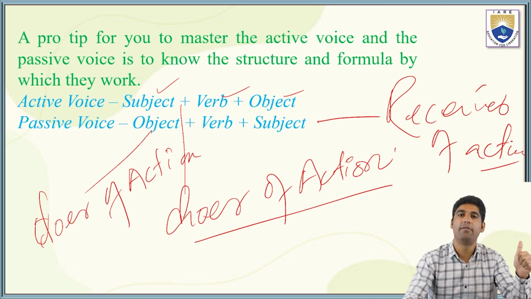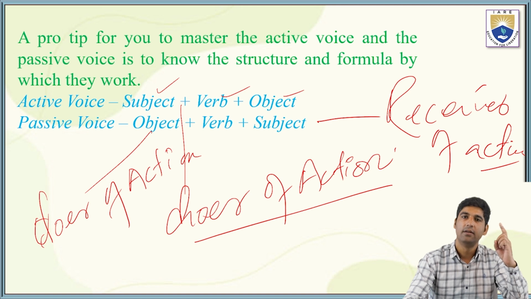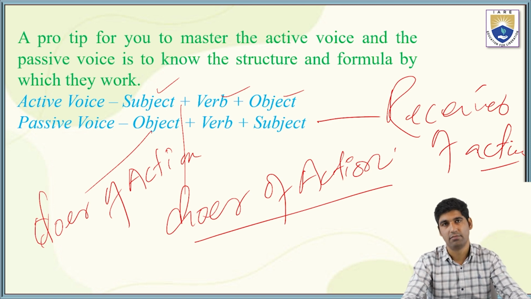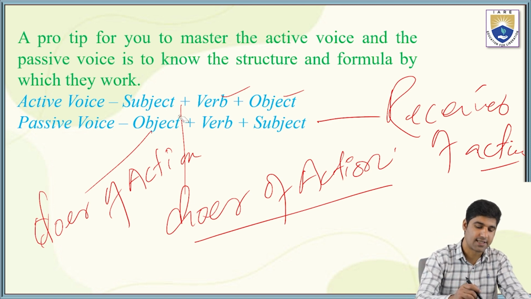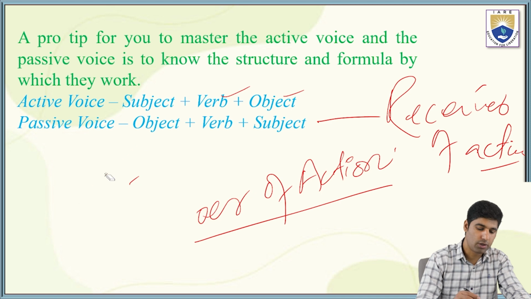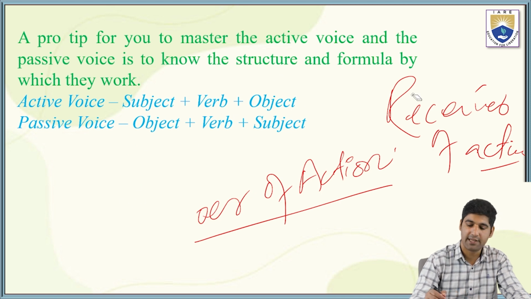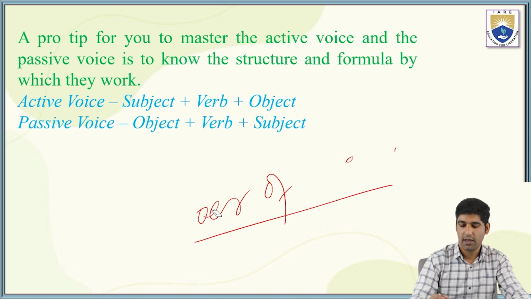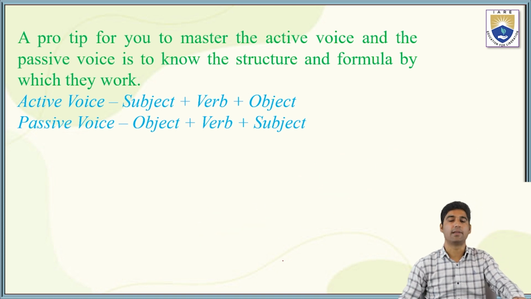And subject always is the doer of action. For passive voice, it's object, then verb, then subject. And your subject here becomes the receiver of action. So you need to understand the structure if you want to know active and passive voice better. If you want to use active and passive voice, it's always better to know the structure of both active and passive voice.